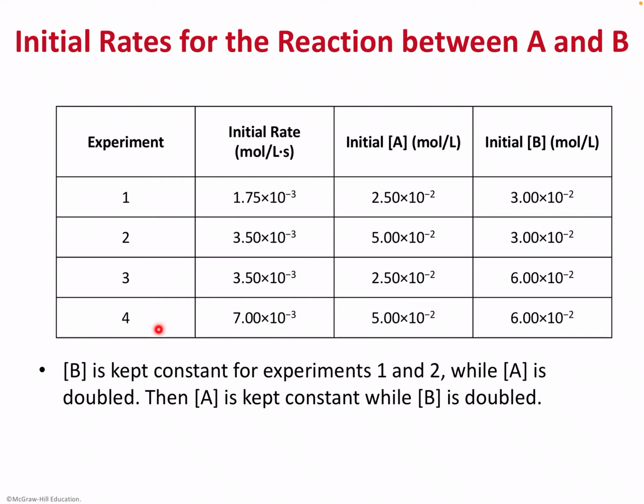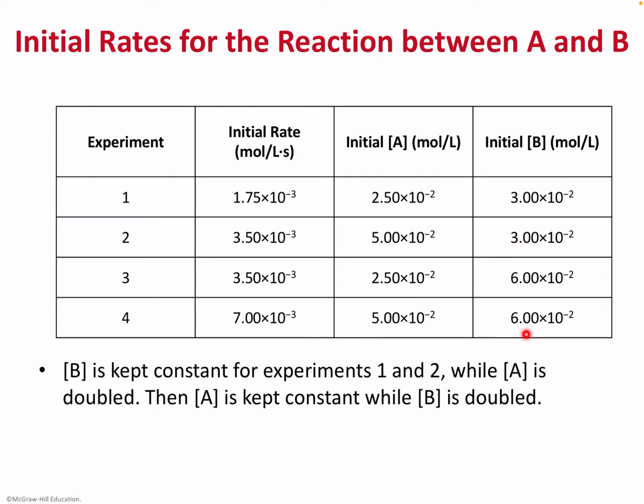And you can do another one, the fourth one. In the fourth one, you keep the concentration of A as in experiment 2, 5 times 10 to the negative 2, and you double the concentration of B, 3 now becomes 6.